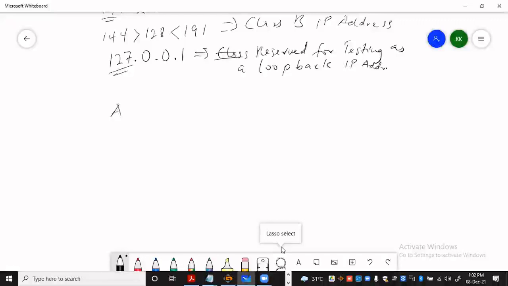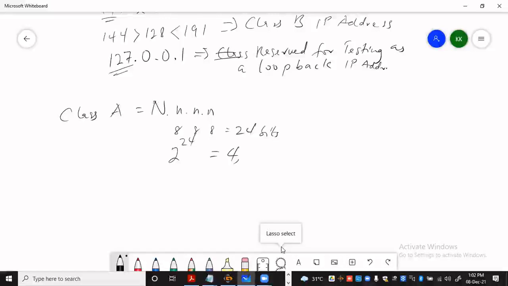Class A has the network part and then the node part; the remaining three octets are the node part, 8 bits, 8 bits, 8 bits, which is 24 bits that can be assigned.